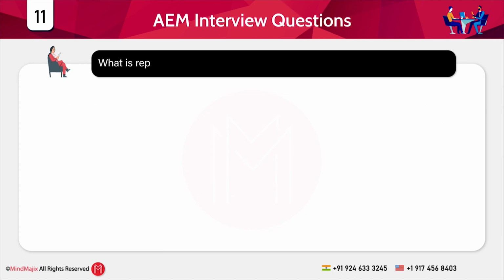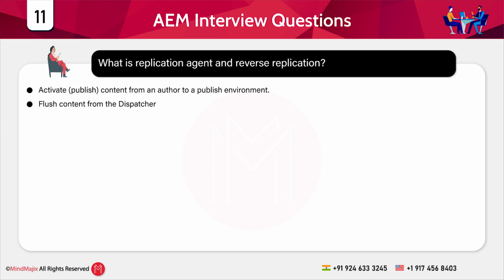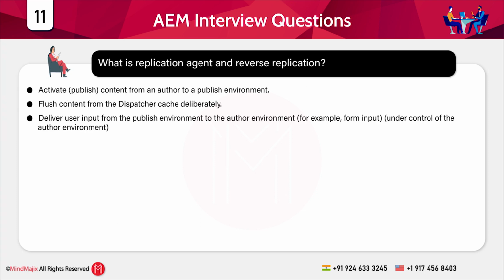Then what is a replication agent and what is a reverse replication agent? A replication agent is something to flush the content from the author environment to the publisher environment. So when everything is ready, you will flush the content from the author to the publish instance with the help of the replication process.